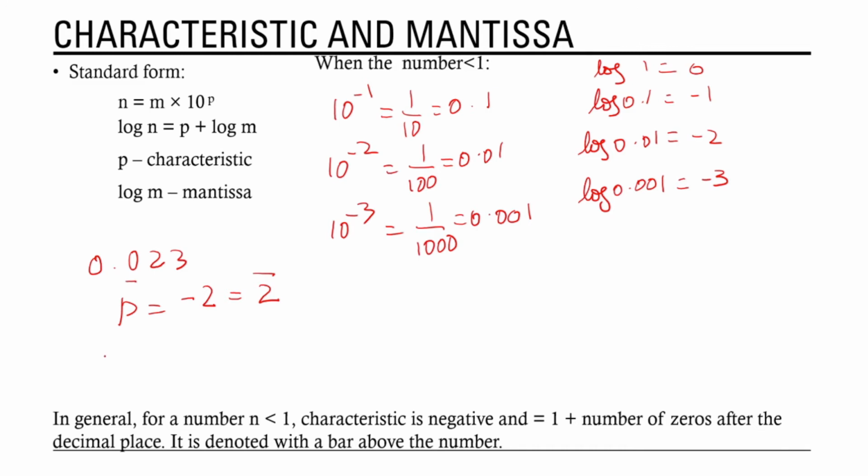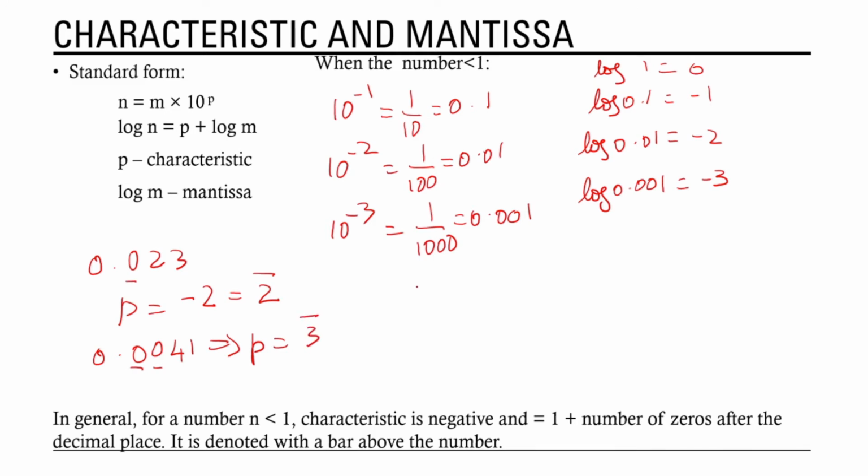Next, let us take another example, 0.0041. Here there are 2 zeros. So, the characteristic is bar 3.